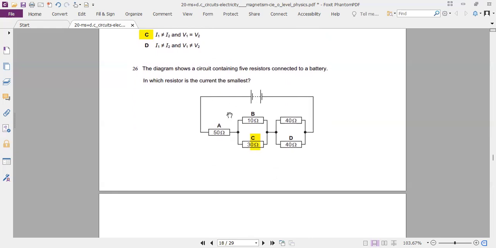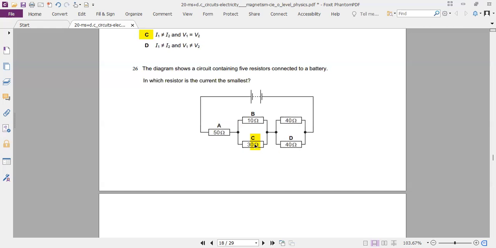What's the smallest current? Well, we have a current coming here, passing through 50, and then it splits into two parts. 10 ohm gets more current, 30 less, so that's why 30 is the smallest. Then coming back here, the current combines again. So these resistors have the same, the current equally divided among them.